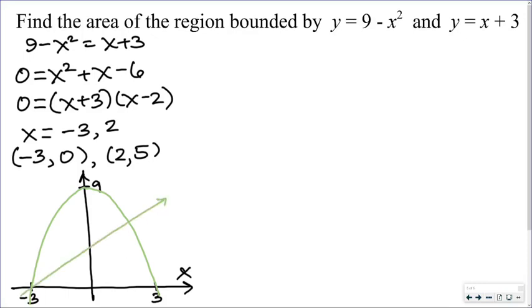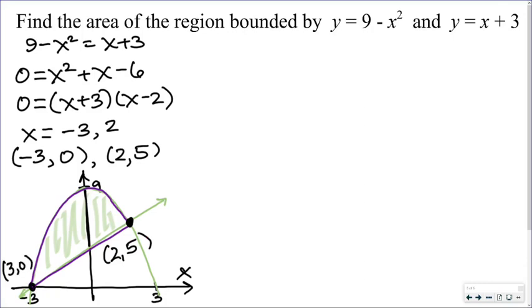Okay. All right, so now you can see my bounded region is here. And there we go. And we've already got the intersection points. Again, right here, that's going to be (2, 5). And this, of course, (-3, 0).